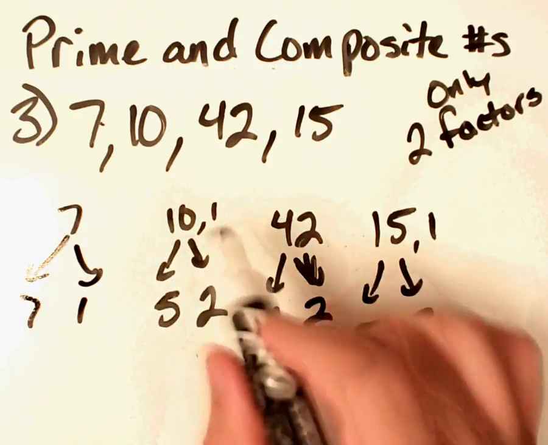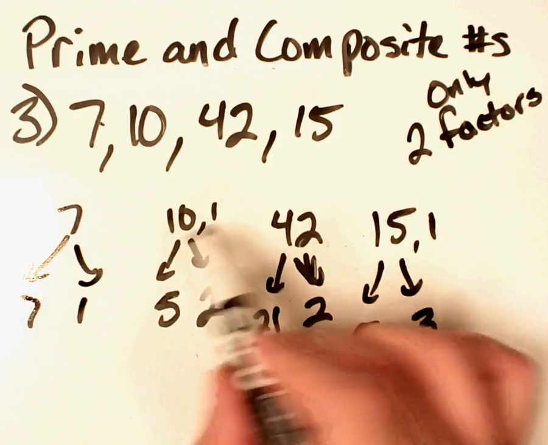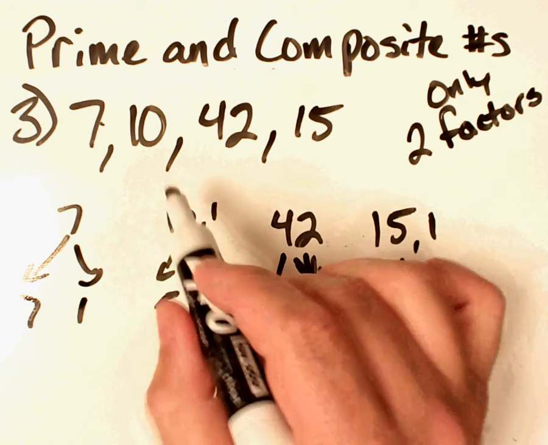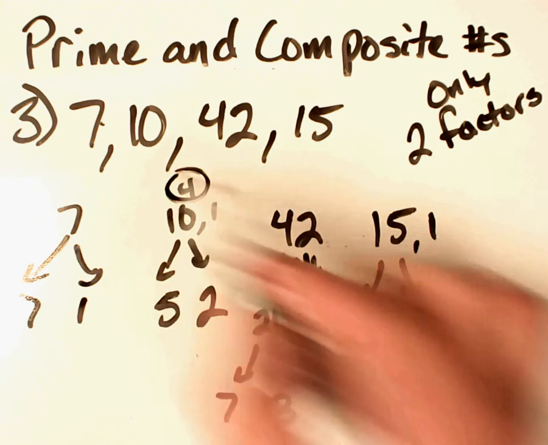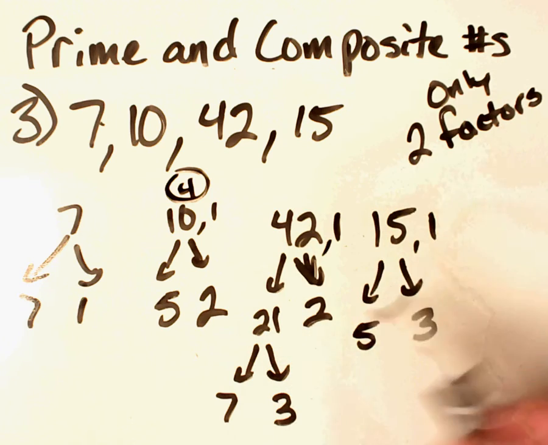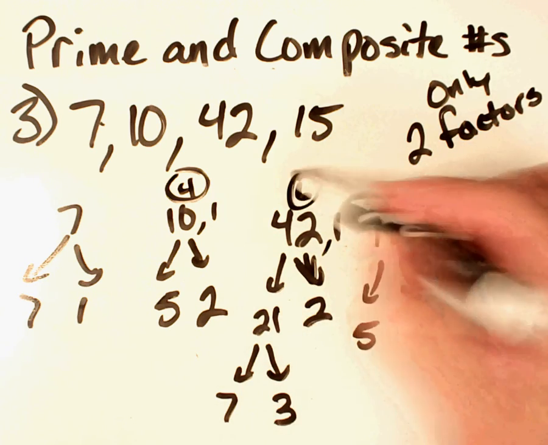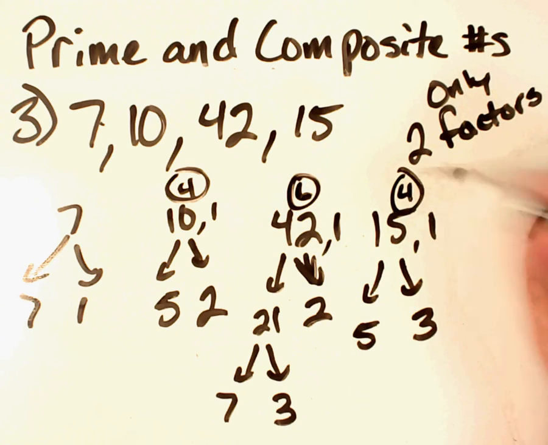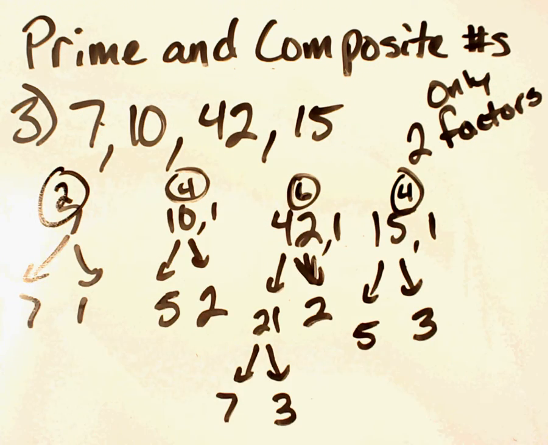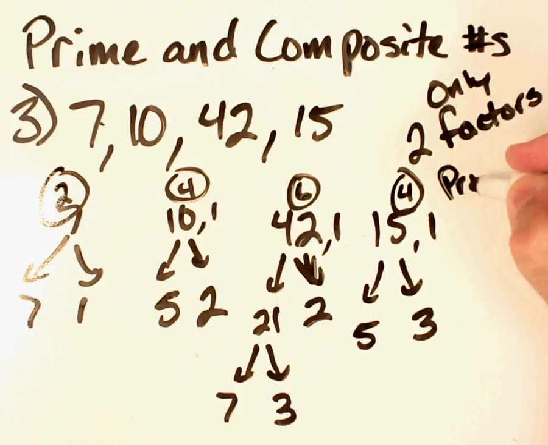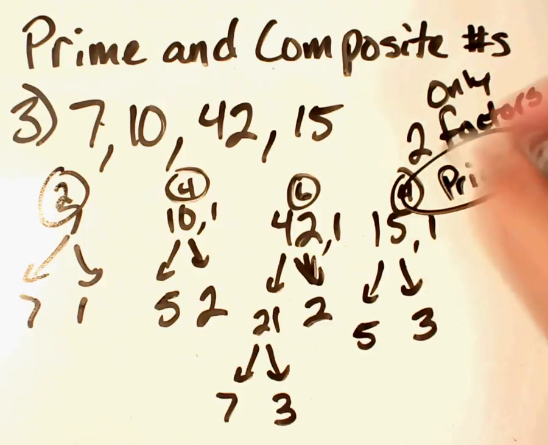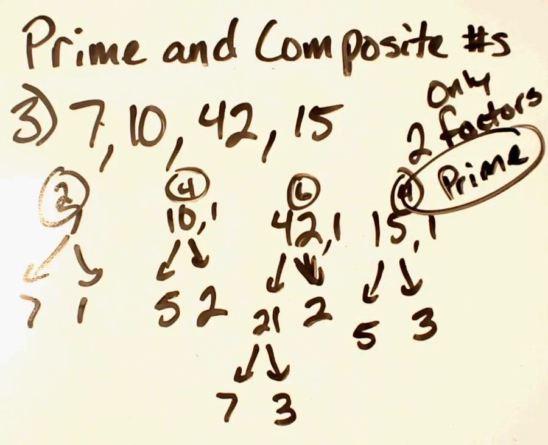So with 10, I've got 10, the number itself, and 1, and 5 and 2. So that's 4 factors. 42, I've got 1, 2, 3, 4, 5. I've got 6 on that one. 15, I've got 4, and 7, I only have 2. So the question is really asking for which one is prime. That's really what it's asking.